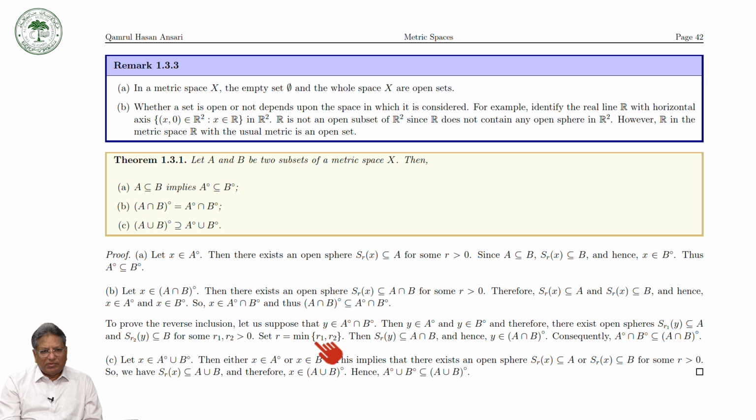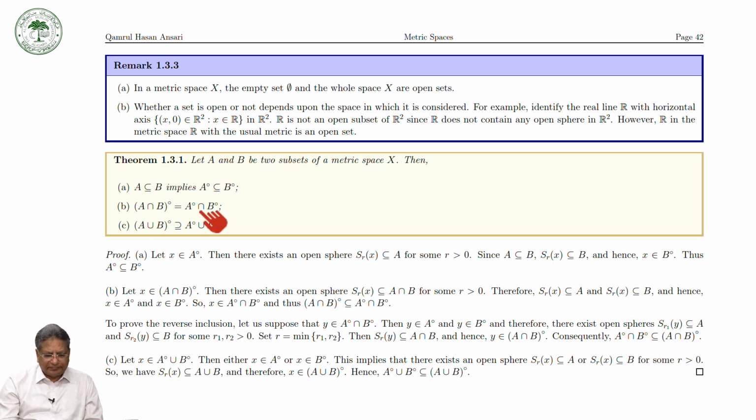Set r as the minimum of r1 and r2. Then we can see that S_r(Y) is a subset of A intersection B, and hence Y is the center of some open sphere contained in A intersection B, and therefore Y is an interior point of A intersection B. So this holds good, and the B part holds.